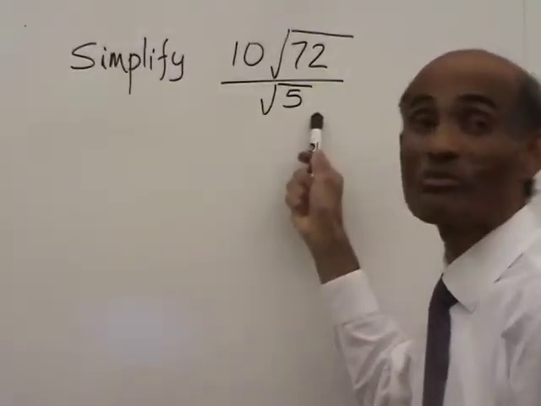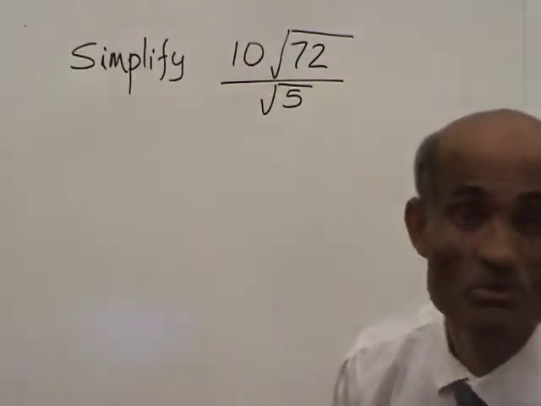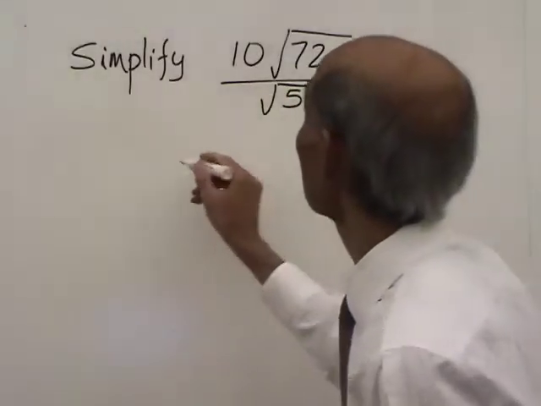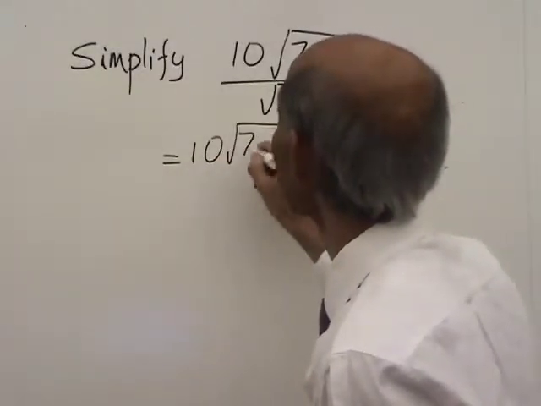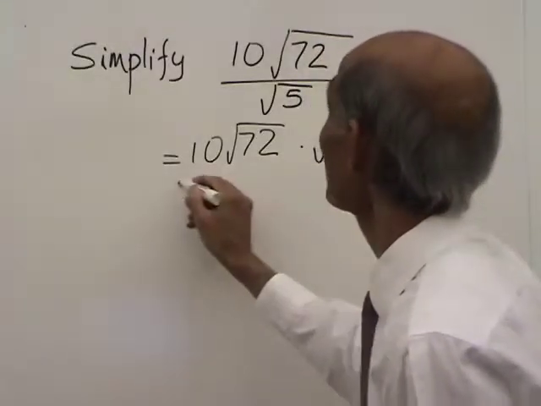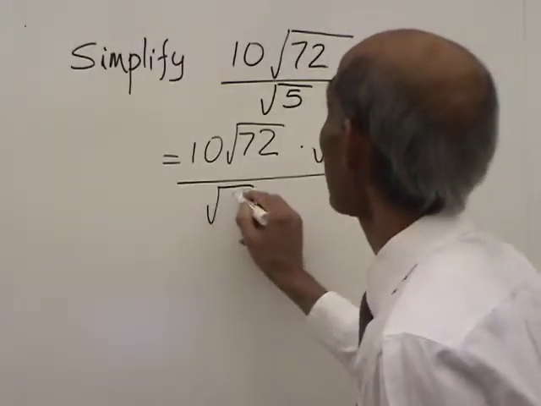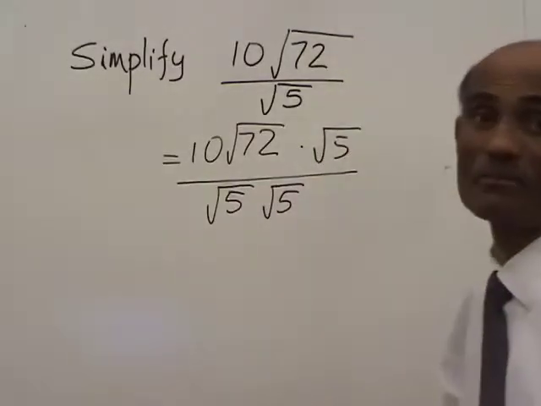By square root of 5. Also the numerator by square root of 5. So we're going to write this as 10 square root 72 times square root of 5 over square root of 5 times square root of 5.